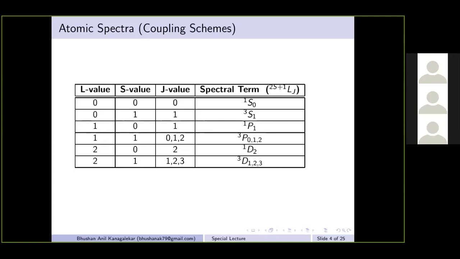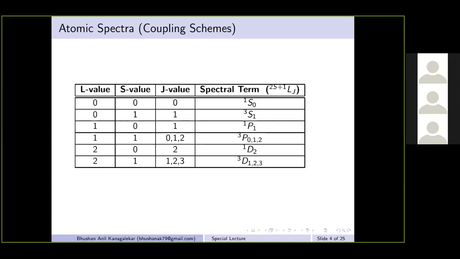S is 0, so 2S plus 1 is equal to 1, and the L value is 0, so we write the symbol S, and then the J value is 0.